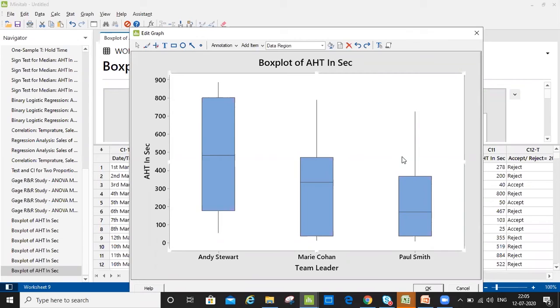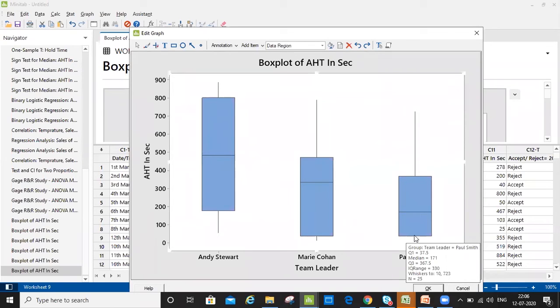But when we compare it to the interquartile range, the interquartile range is the tightest here, which shows that on average, the average people in his team, in the middle of the bell curve, let's say, are actually working quite consistently.